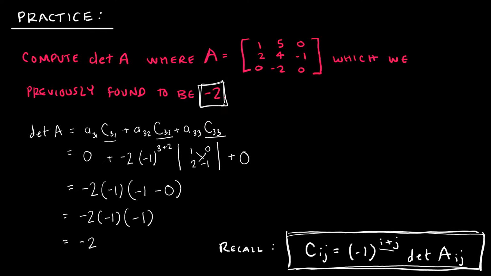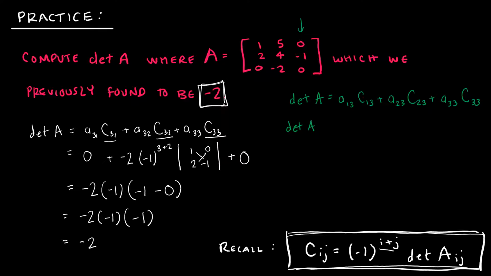So just for fun, because I know you're having a blast, let's also do this for column 3. So determinant A is going to be A13 C13, plus A23 C23, plus A33 C33.